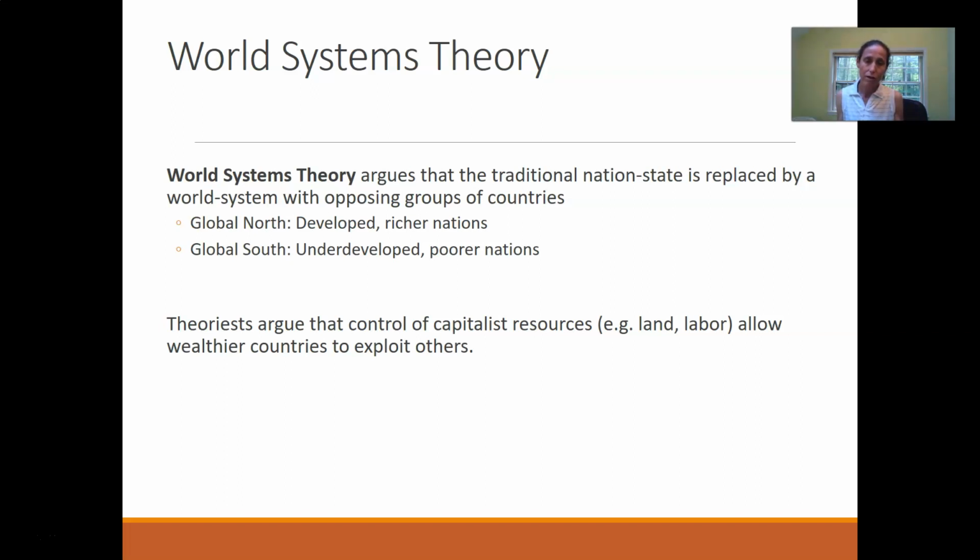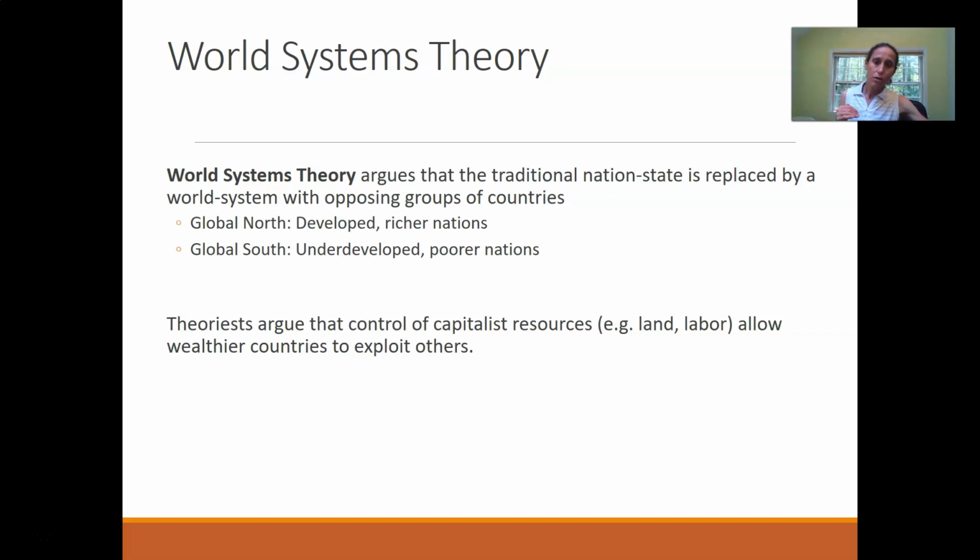And the idea is that the international institutions and organizations that were built, such as the World Trade Organization, the International Monetary Fund, again, all groups and institutions that we learn about later on in the semester, the argument of world system theory is that those institutions perpetuate the difference between the rich and the poor and don't provide for mobility between those groups. And so the rich will continue to be richer and the poor will continue to be poorer.